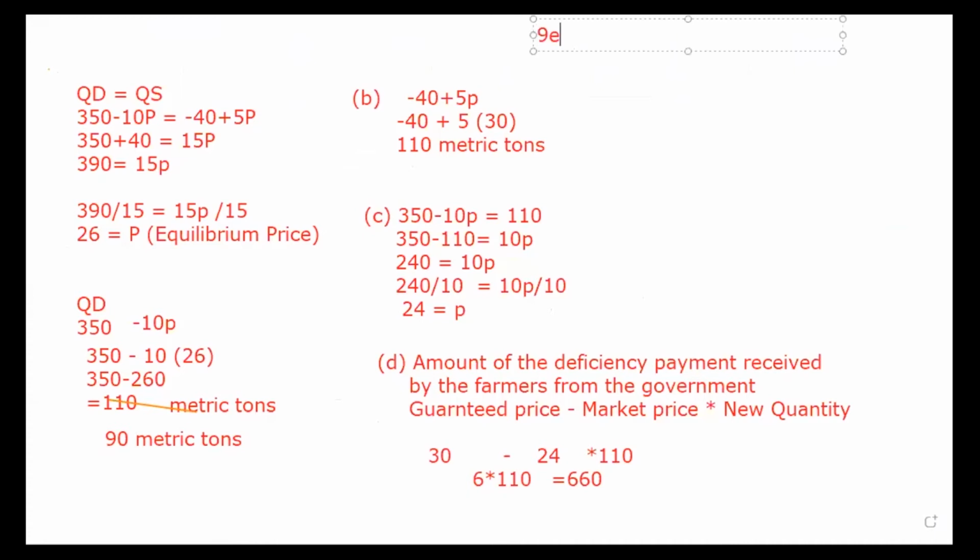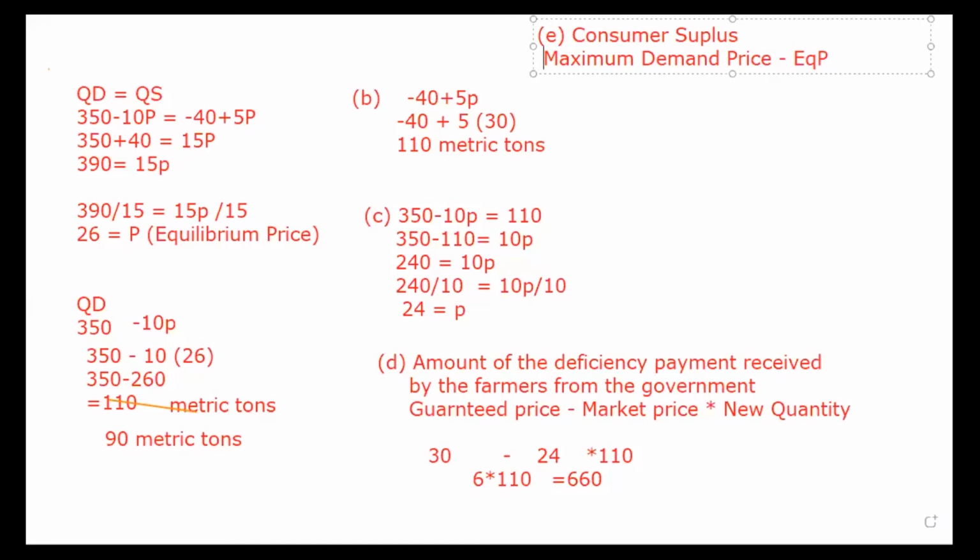E, right? Consumer surplus. What's the formula actually? You have maximum demand price minus equilibrium price.